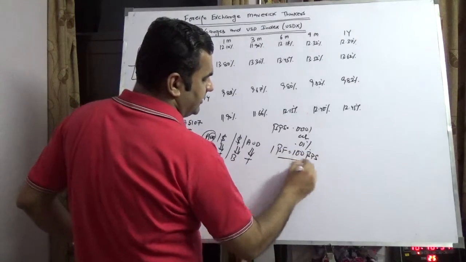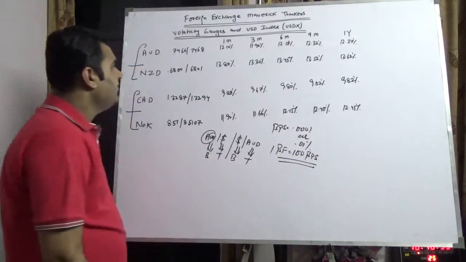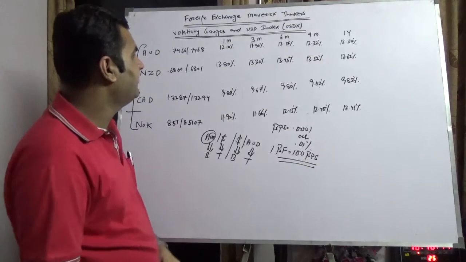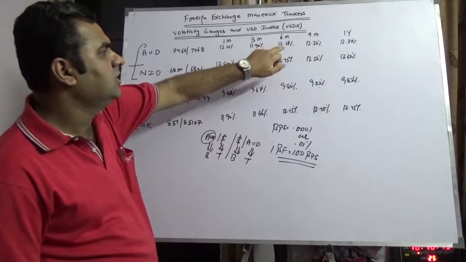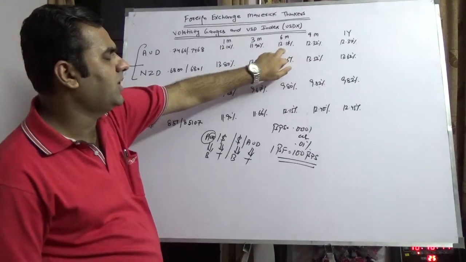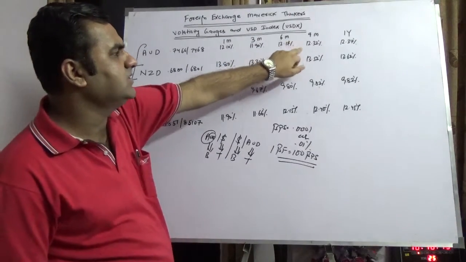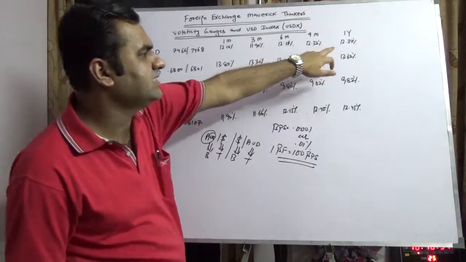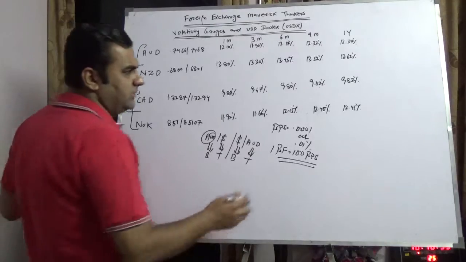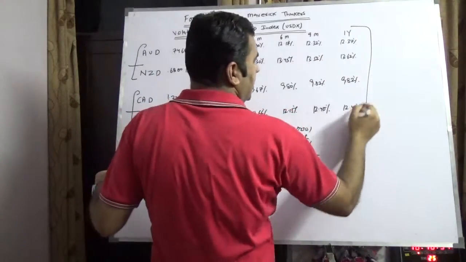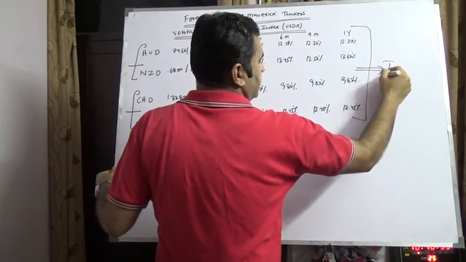100 basis points. Now, if you carefully see, Australian dollar 1 month is 12.10, 3 months 11.90, 6 months 12.27, 9 months 12.32, and 1 year is 12.37. These are all implied vols.